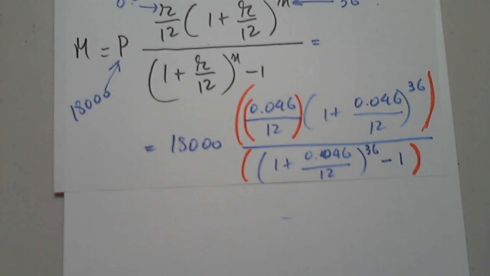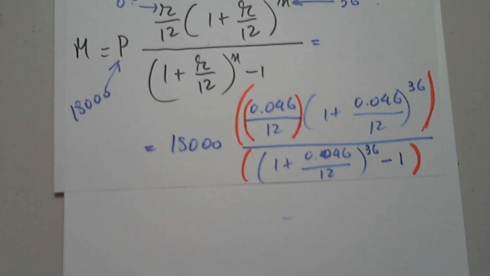So 18,000, left parenthesis for the numerator, another left parenthesis for 0.046 divided by 12, close, open another one, 1 plus 0.046 divided by 12, close, caret 36, close again.